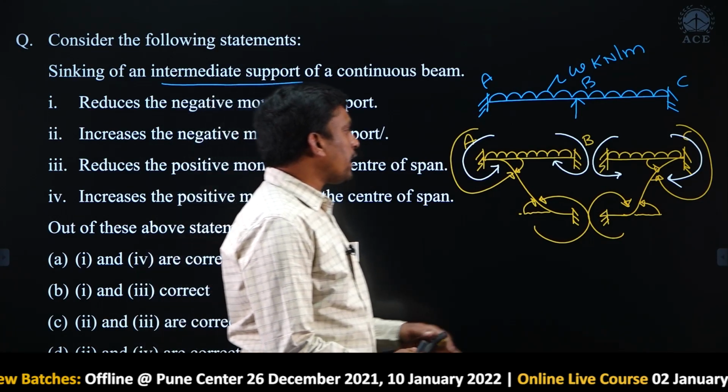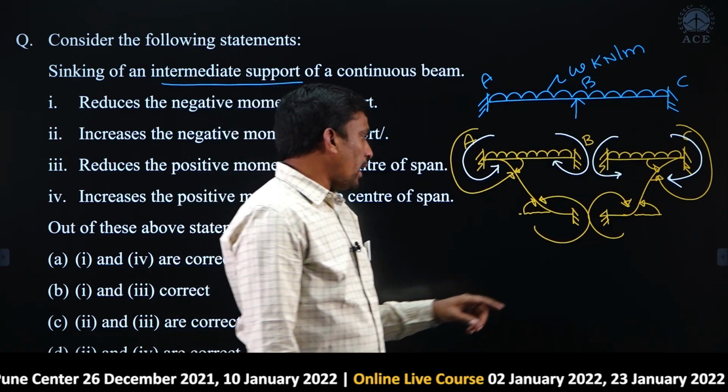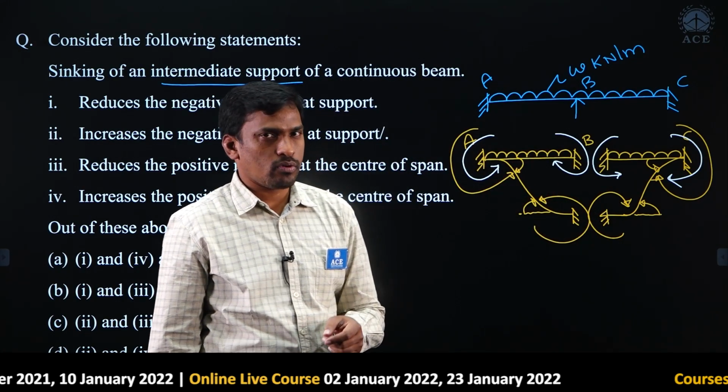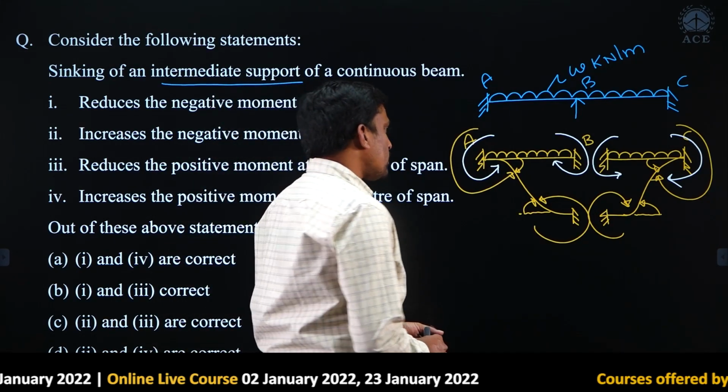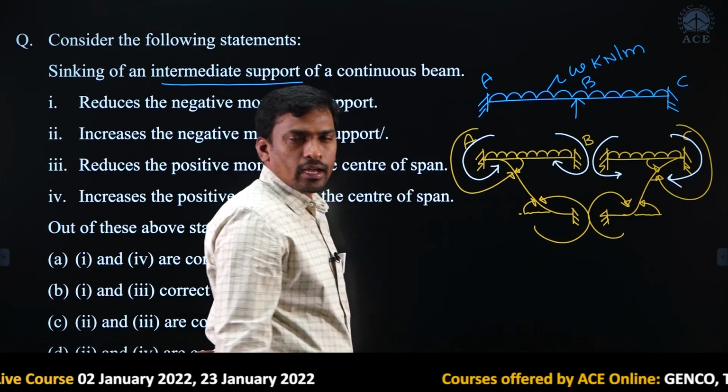Okay. So these white color movements are due to load UDL, okay, and this yellow color movements are due to sinking of support.